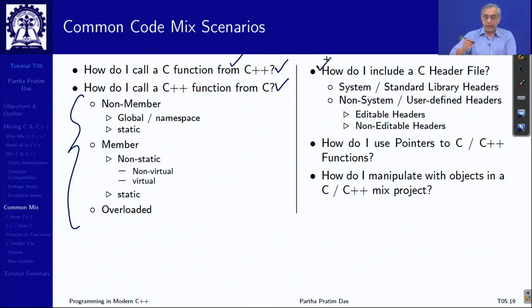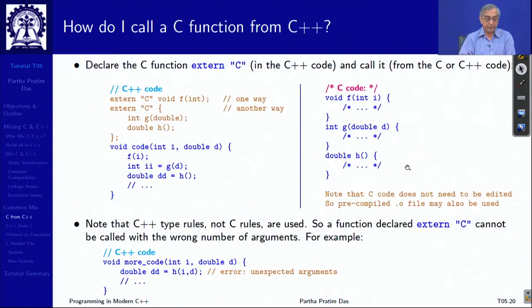Then the question is, how do I include a C header file in a C++ project, if it is a system header or if it is a non-system header? How do I use pointers to functions? And finally, last but not the least, how do I manipulate objects in a C, C++ project mix, because C does not have objects, whereas C++ certainly will have objects.